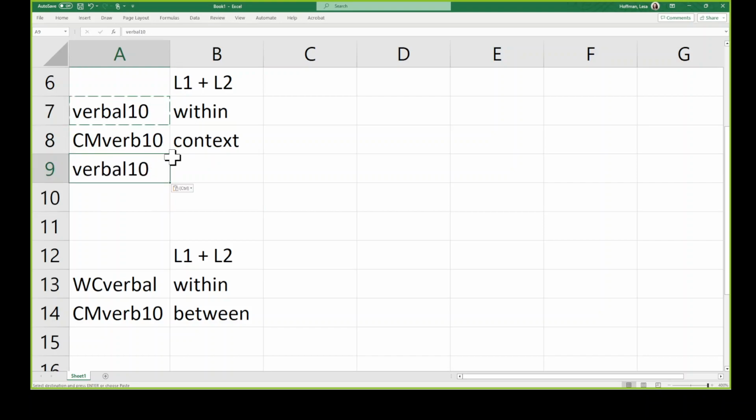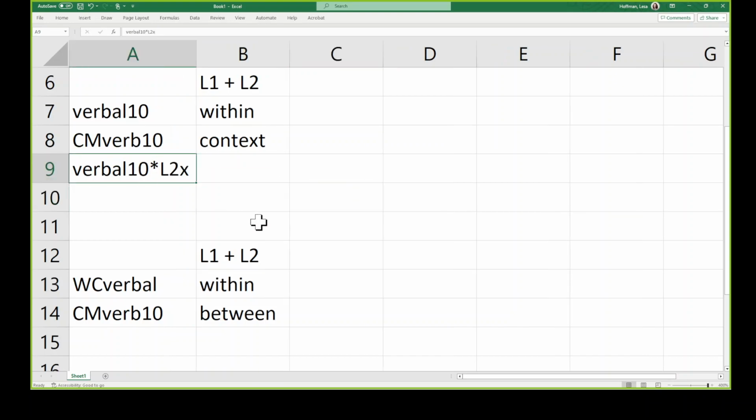Now what if I want to do that times some kind of level 2 predictor. So I'm asking, does the extent to which relatively more verbal matters differ as a function of some site characteristic? Like whether the school uses mixed grades, for instance.